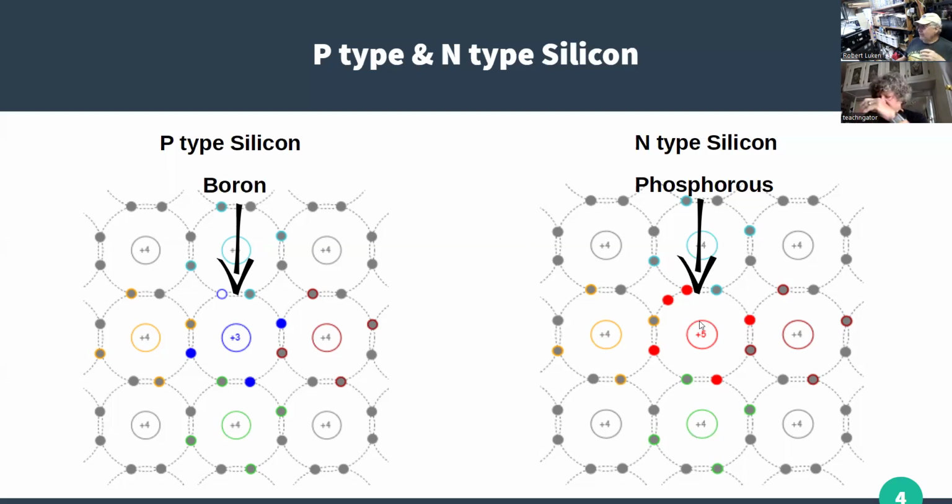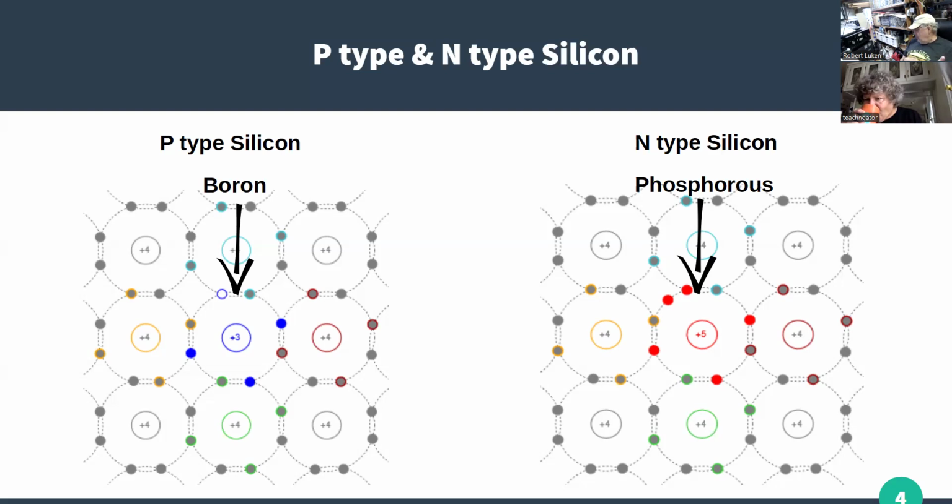Likewise, if we add phosphorus, and these are not the only two things that they use, but some of the most common. Phosphorus has 5 electrons in its outer shell. So when those are in the crystal, we wind up with an excess electron that can't bind with anybody. Right. So it's negative.